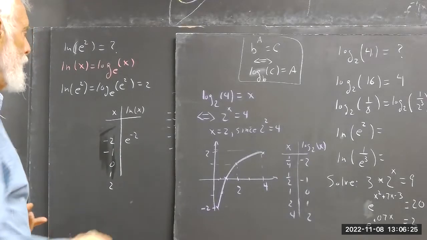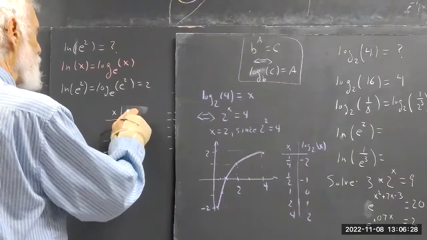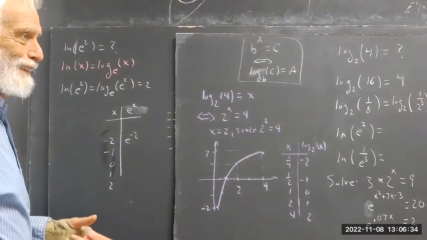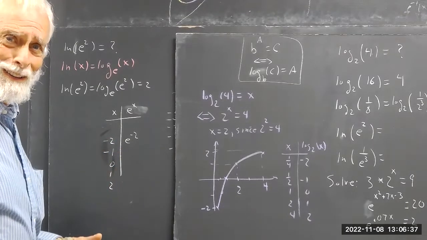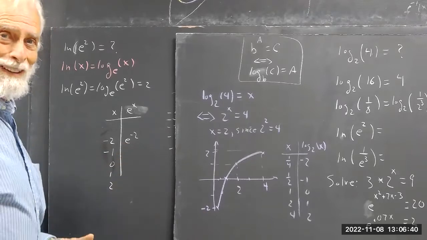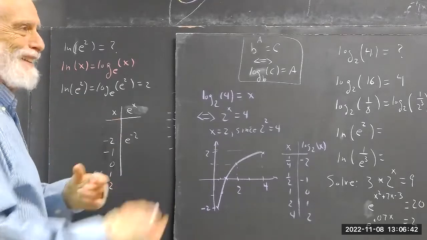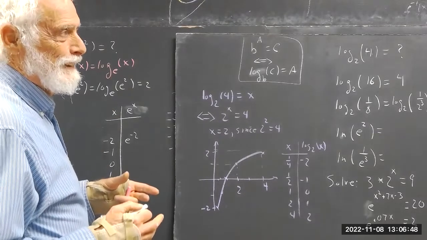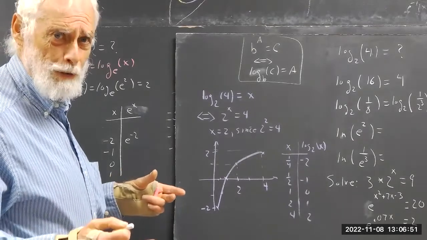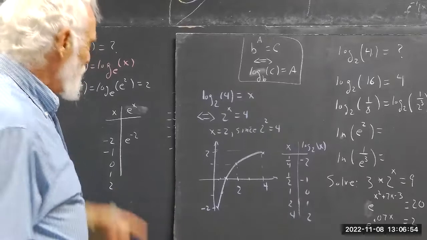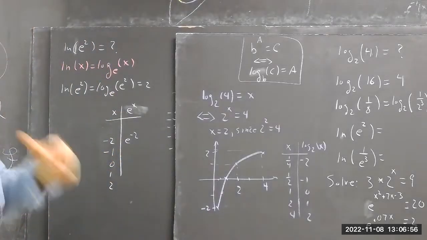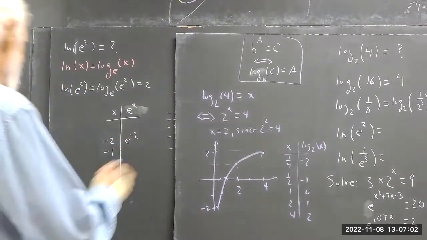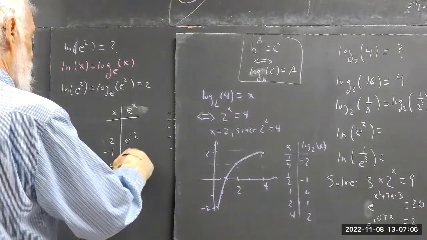It's not the table I want to make. This is e to the x. Sorry for being confusing. Sometimes I have a little trouble distinguishing the future, which I already know, from the present. I was scrambling what I'm going to do with what I'm doing.